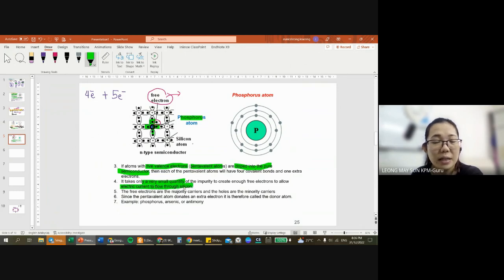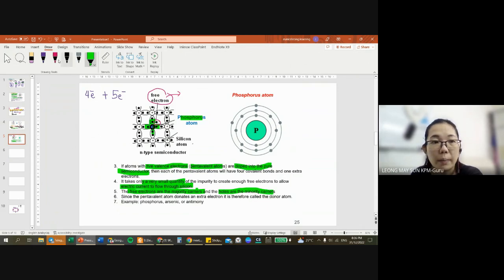It just needs a little bit, then you have a lot of free electrons moving around. So most of the charge carriers are free electrons. The ones that conduct the electricity are the free electrons, and the holes are the minority carriers.